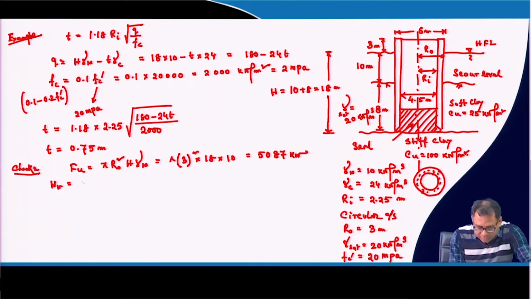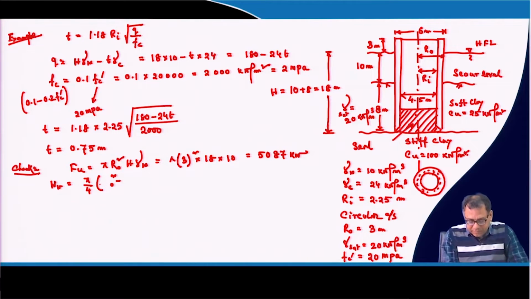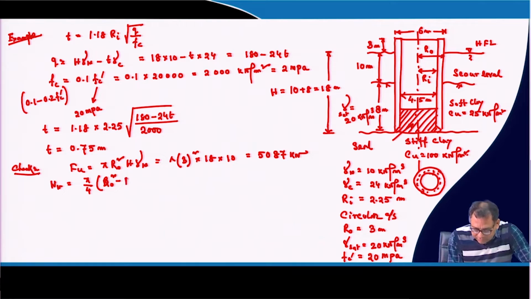The weight of the shaft will be pi by 4 into d o square minus d i square.